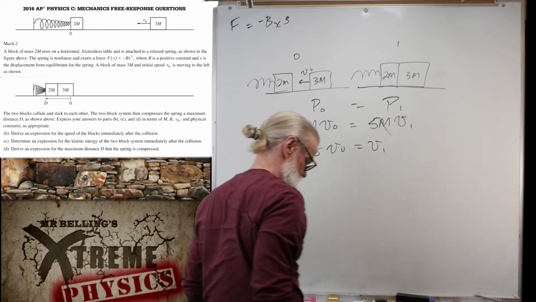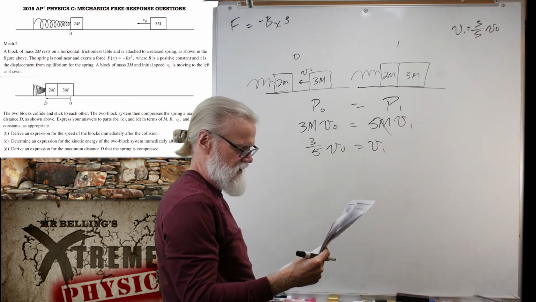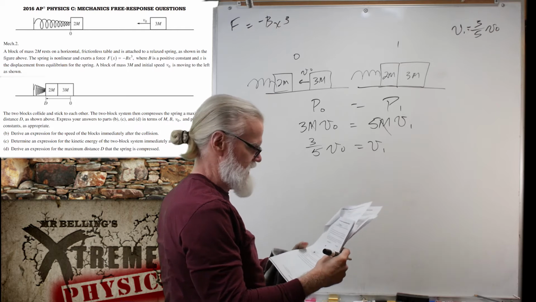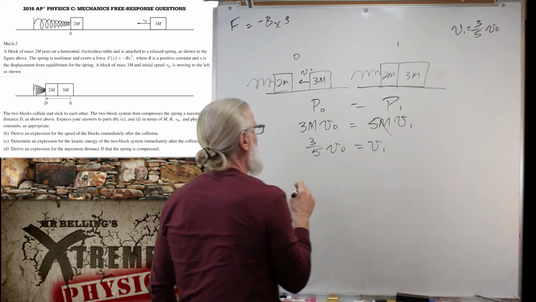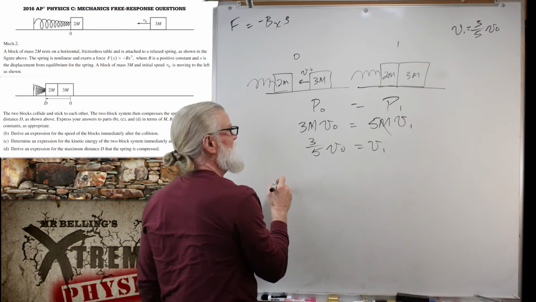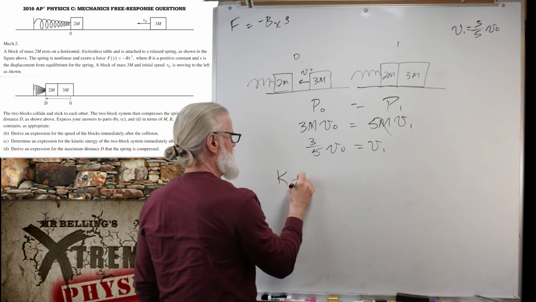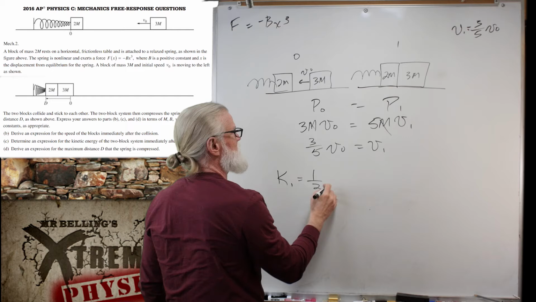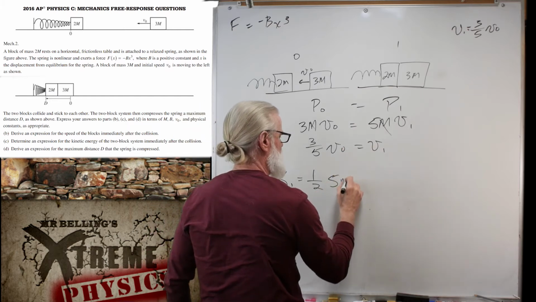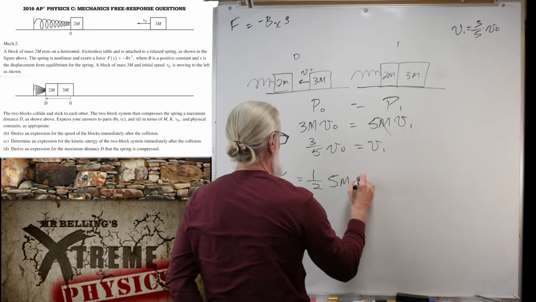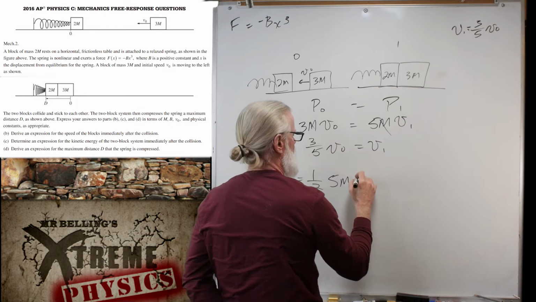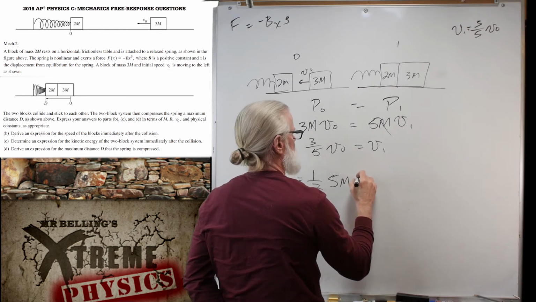All right. Derive an expression for the kinetic energy of the two-block system immediately after the collision. All right, I think I'll do that right away. That's kind of easy. So kinetic energy at time 1 equals 1/2 mass, which is 5m, v1 squared, which is v1.